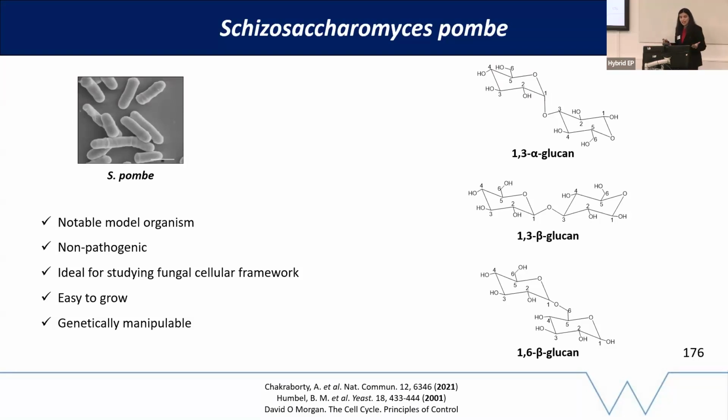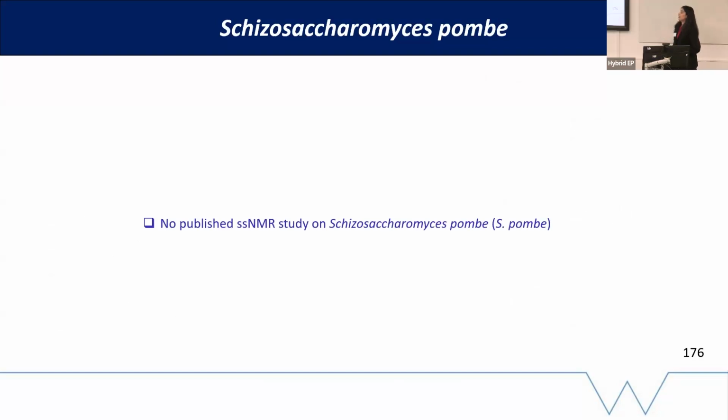These are the three major components in its cell wall: alpha 1,3 glucan, beta 1,3 glucan, and beta 1,6 glucan. And there is no published solid-state NMR work on this fungus, so this is what we are trying to achieve.